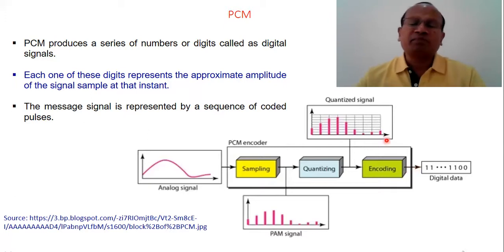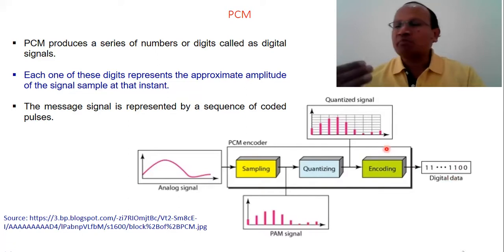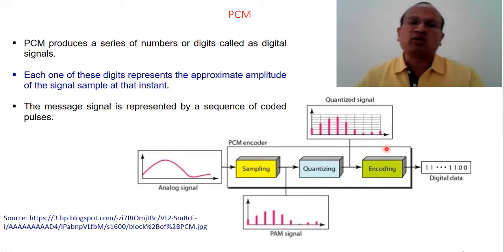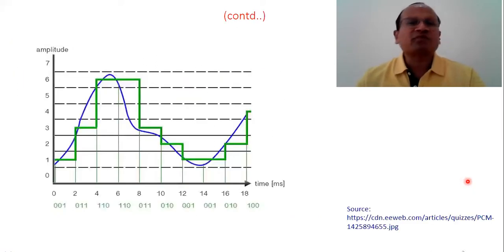This quantized output is subjected to encoding. The sample amplitudes are encoded in a particular manner, assigning binary codes to different levels in the quantized levels by assigning a suitable step size. And finally, the data is converted into a stream of data, that is, a stream of numbers.